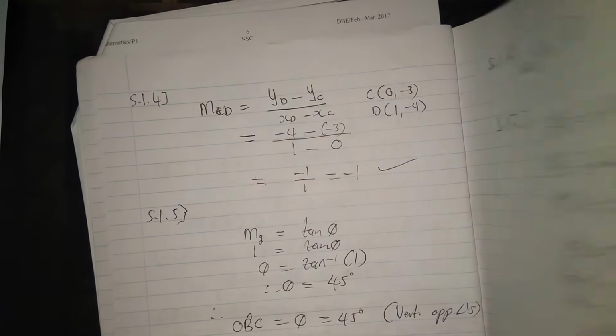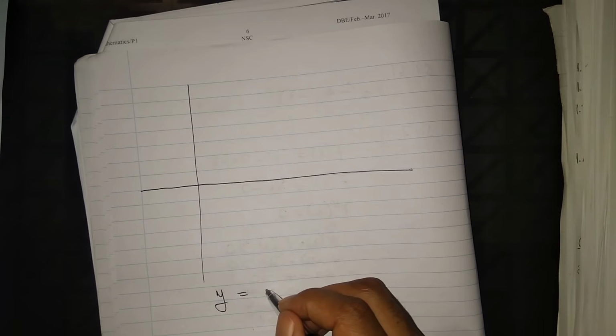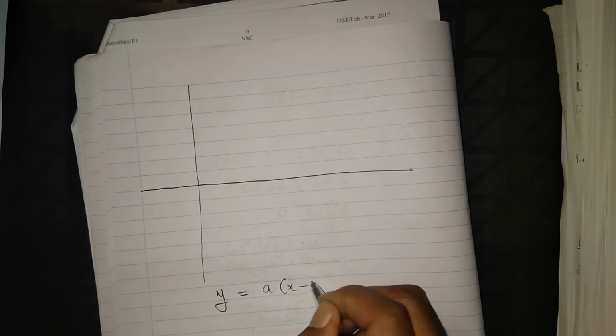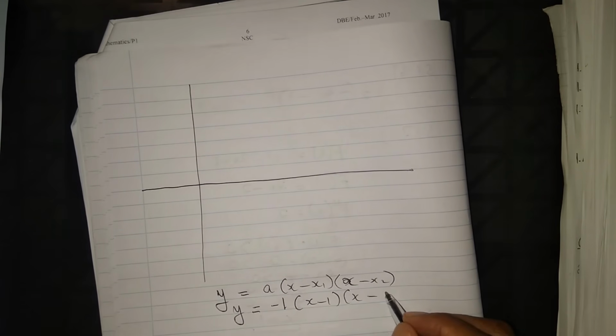But first I will also need the y-intercept. So therefore my function is y is equal to a(x minus x1)(x minus x2), so y is equal to -1(x minus 1)(x minus 5).